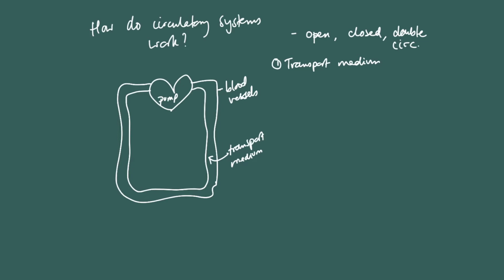So the transport medium acts as a solvent for substances to be transported. Okay, so we're talking about glucose, carbon dioxide, oxygen, amino acids. All those things dissolve in the transport medium, and so they can all be transported by that transport medium.